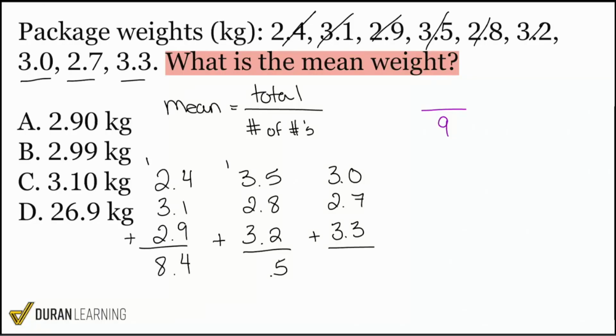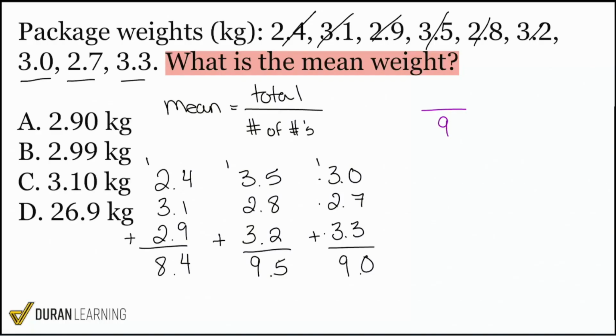We'll carry the 1, and then we have 3 plus 2 is 5, plus 3 is 8, plus 1 is 9. Then up next, 0 plus 7 plus 3, that's 10. Carry the 1. 3 plus 2 is 5, plus 3 is 8, plus 1 is 9.